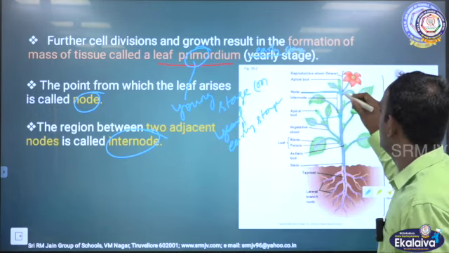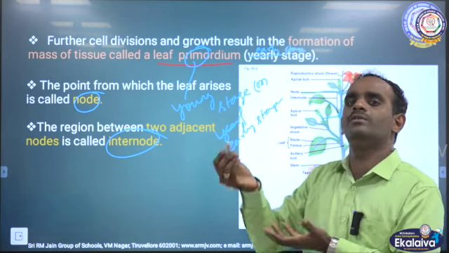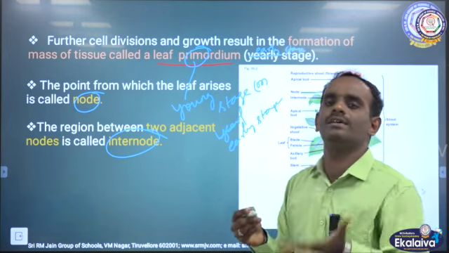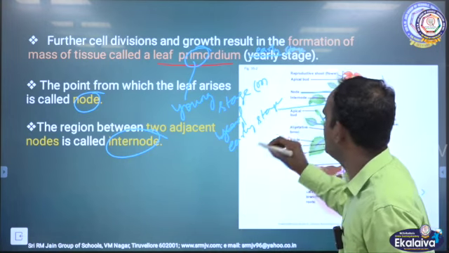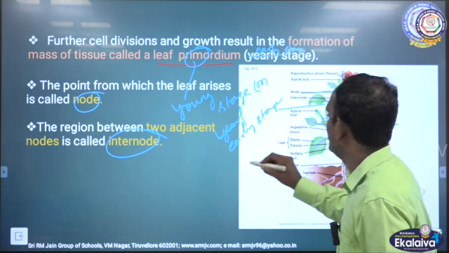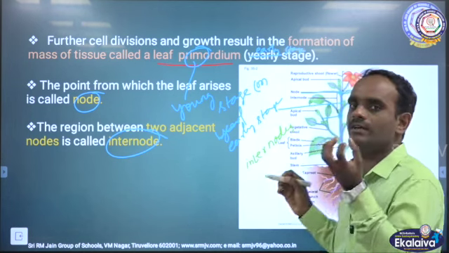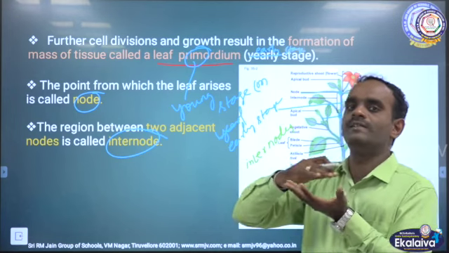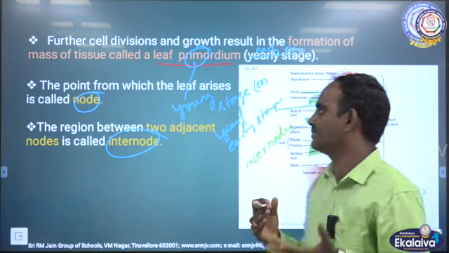See the picture here. This is one node and this is another node. In a plant, so many nodes are there. In the stem, so many nodes are there. The gap between the two adjacent nodes is said to be internode. Can you understand the concept, children? The space between the two adjacent nodes is said to be internode.